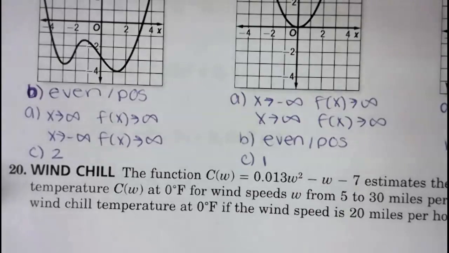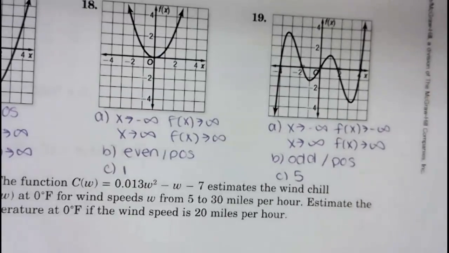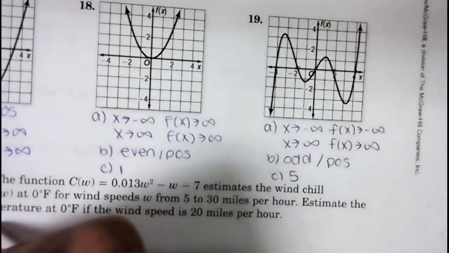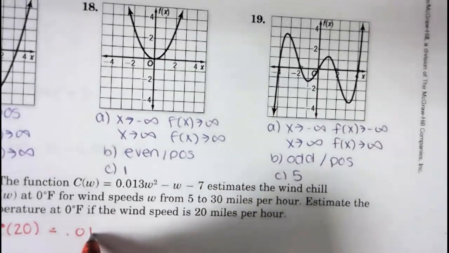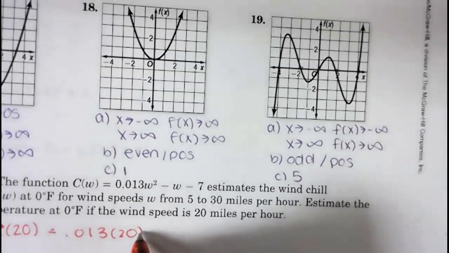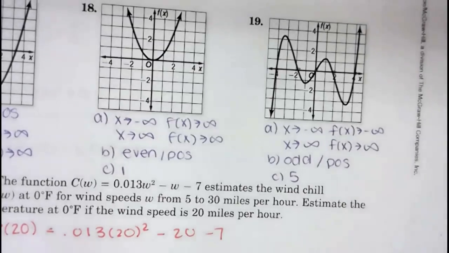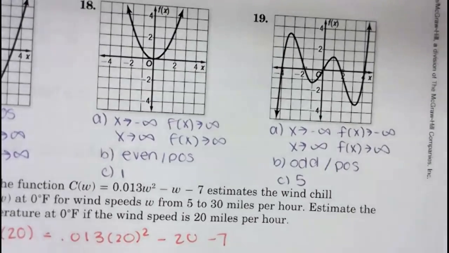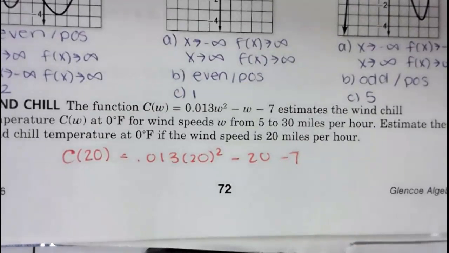And then over in 19. And then for the last one, you would plug 20 in for every W, and that would give you the approximate wind speed at 20 miles per hour.